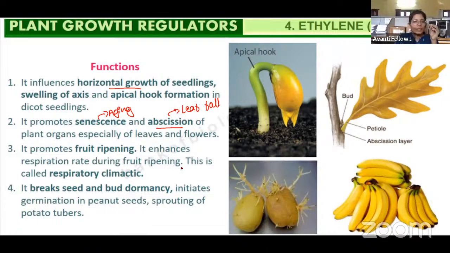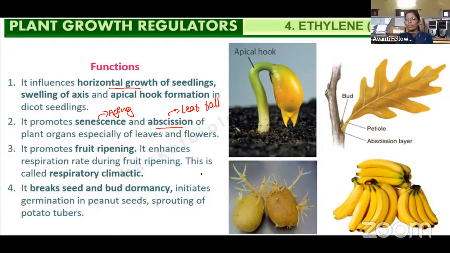And it breaks seed and bud dormancy. Dormancy means there is a particular time period when seeds or buds cannot grow or germinate. That time is called dormancy, seed dormancy or bud dormancy. By adding ethylene, we can break this seed and bud dormancy.